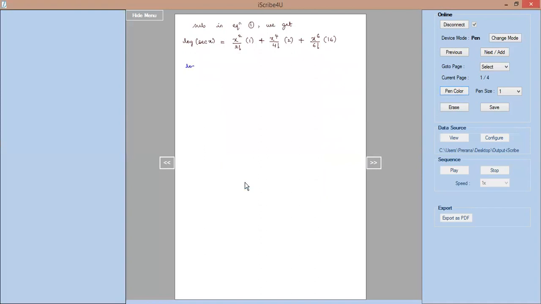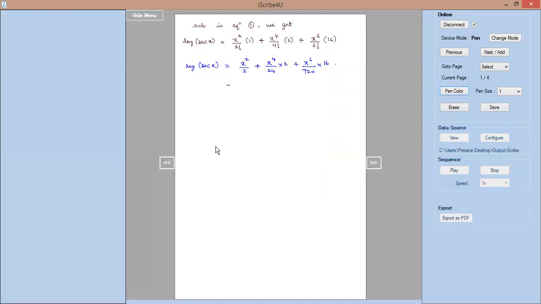So log of secant x is equal to x squared divided by 2 plus x power 4 divided by 24 into 2 plus x power 6 divided by 6 factorial. What is the value of 6 factorial? 720 into 16.